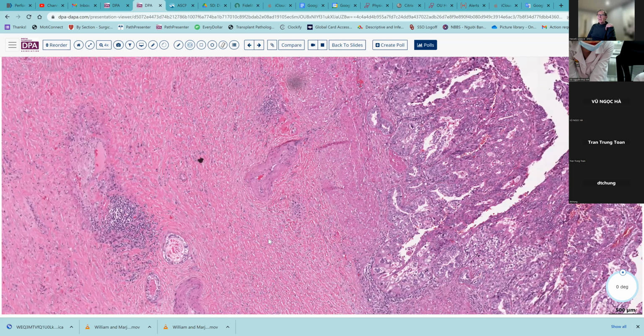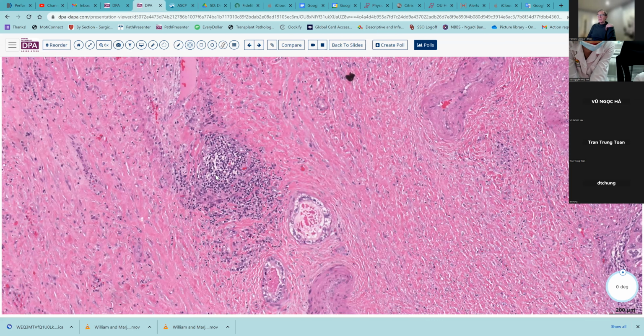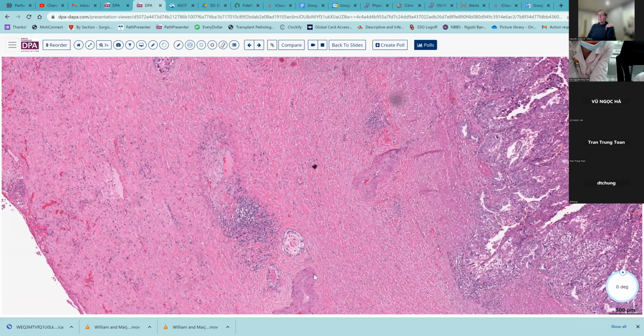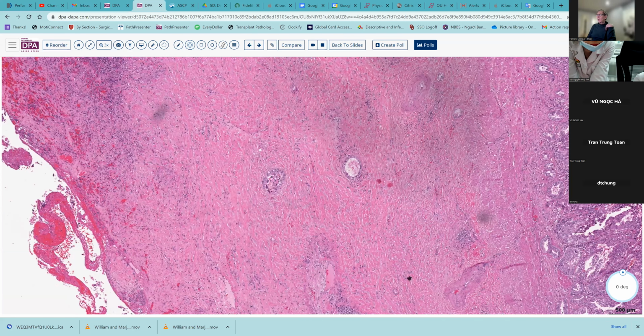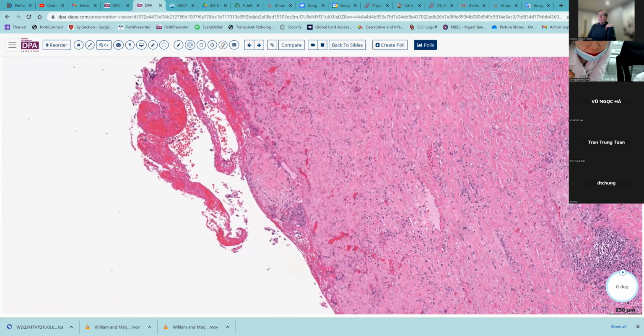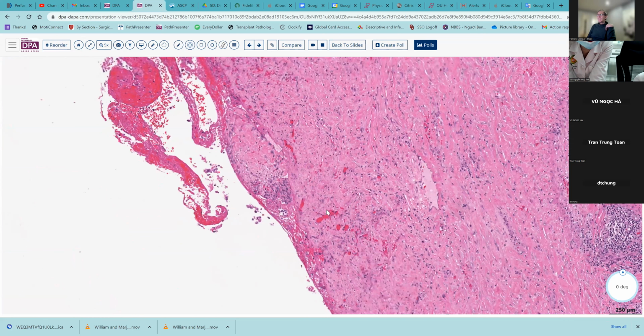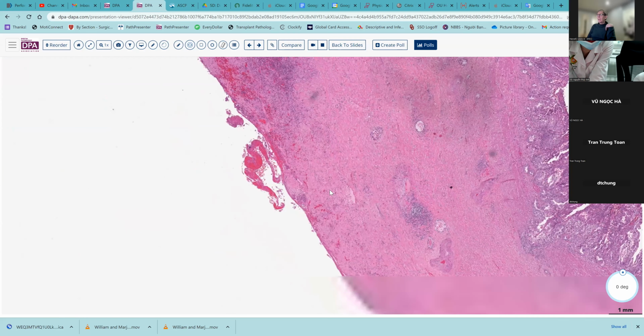But we felt these areas over here were unlikely to be in situ extension of the tumor, and were likely extension of tumor into the adventitial fibrous tissue. Here you see more of it, well away from these Rokitansky-Aschoff sinuses in this case, producing a little bit of a serosal reaction, but without any identifiable neoplastic cells on the serosa.